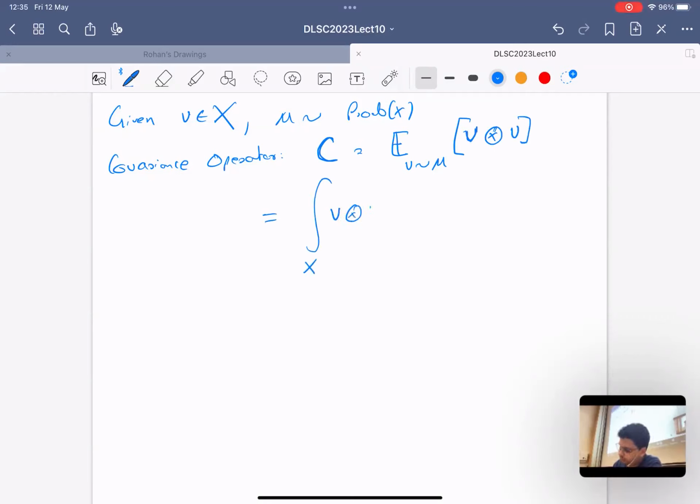As I said, in the finite dimensional PCA, if you do an empirical measure, if you do Monte Carlo, this is 1 over M, the summation over k from 1 to M of v_k tensor with v_k. And v is a vector, right? The functions that we are dealing with are vectors. That's why we need this kind of a tensor product. Last time I defined what this tensor product was, so look back at your notes.